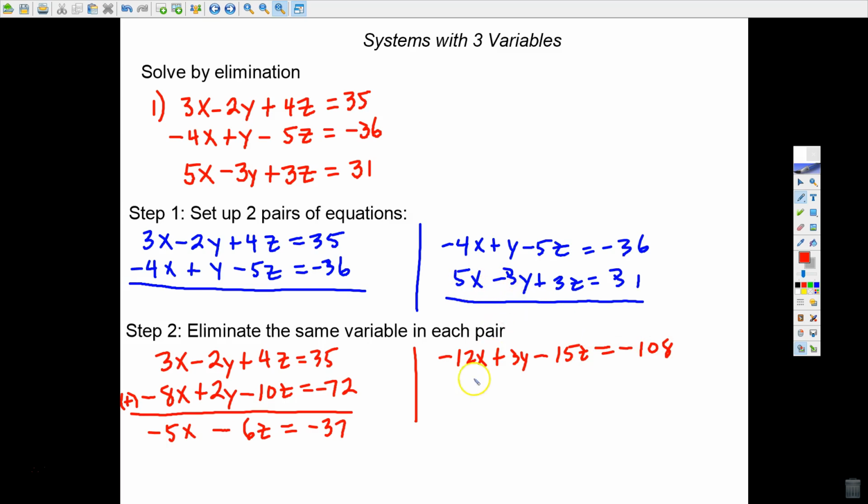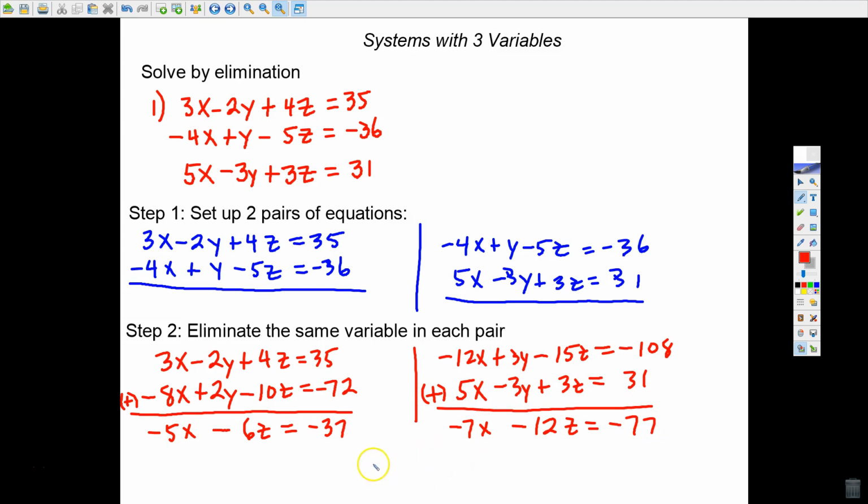And then I'm going to leave this bottom equation as it is and add all the way across. Negative 7x, y's cancel. Negative 15 plus 3 is negative 12z. And then negative 108 plus 31 is negative 77.